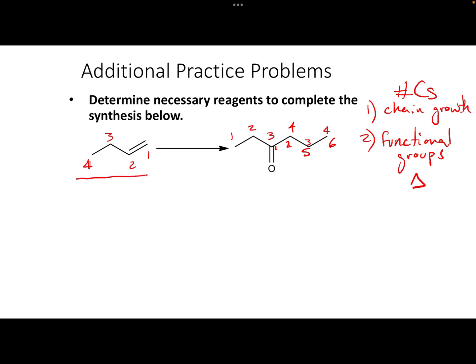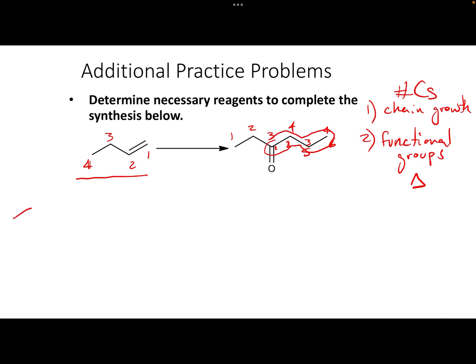Okay, so that kind of mimics what we have in our starting material. So maybe we're not moving the location of the functional group. We're just changing what the functional group is. So if we have 4 carbons accounted for here, that means we are adding in 2 more.